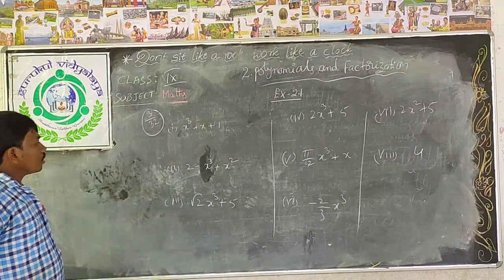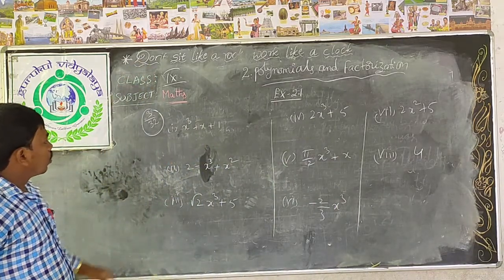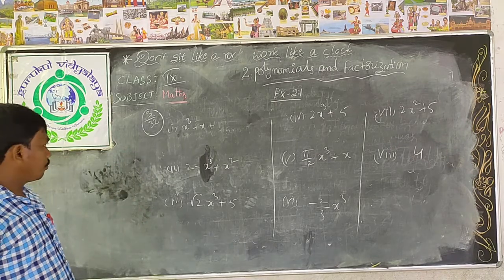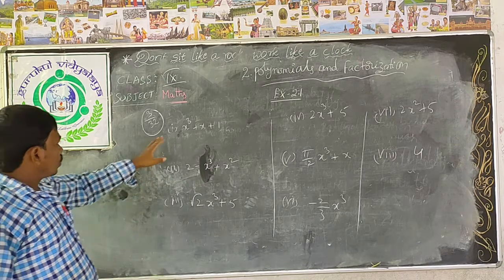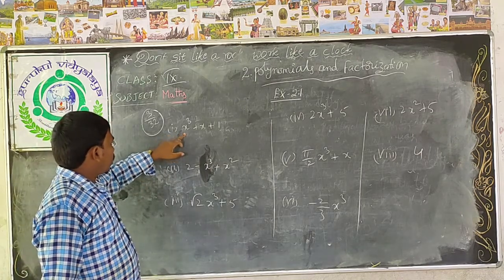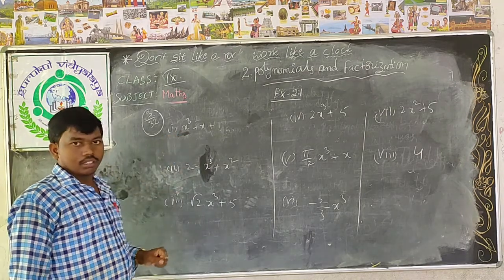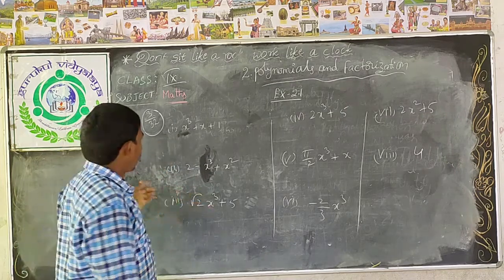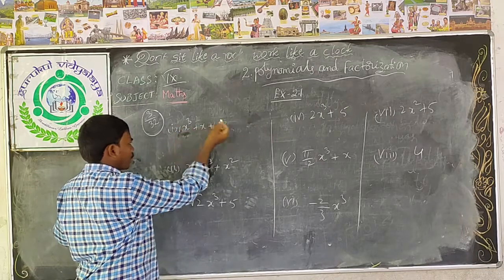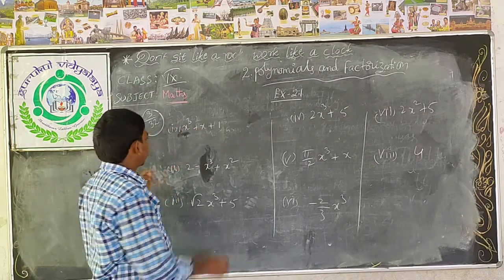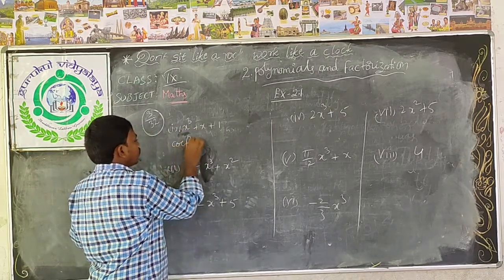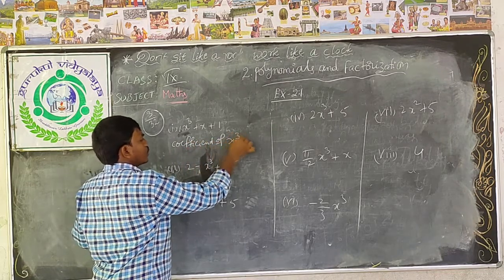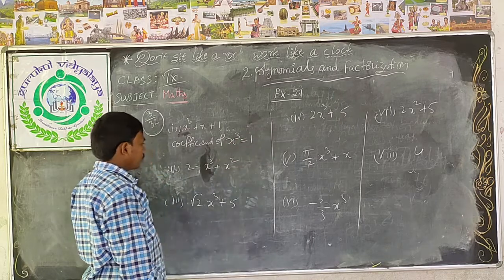Children, here we will write the coefficient of x cube. See the children, x cube is there. What is in front of the x cube? There is no number. I will write 1. 1 into x cube, 1 x cube. Coefficient of x cube is 1.